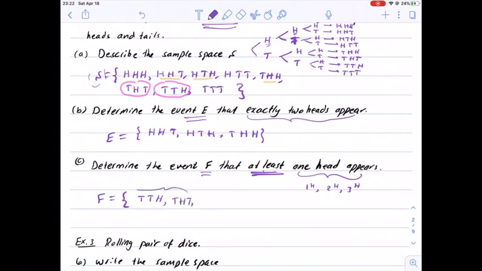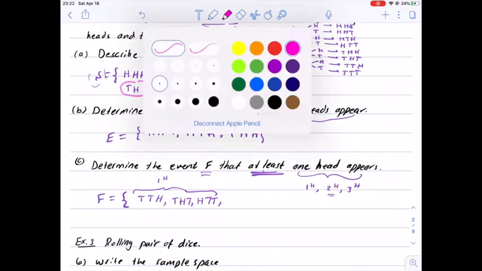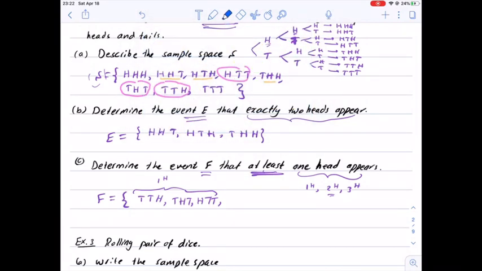So tail, tail, head, tail, head, tail. And actually there's another one, I forgot this, so we have head, tail, tail, so three outcomes with one head.